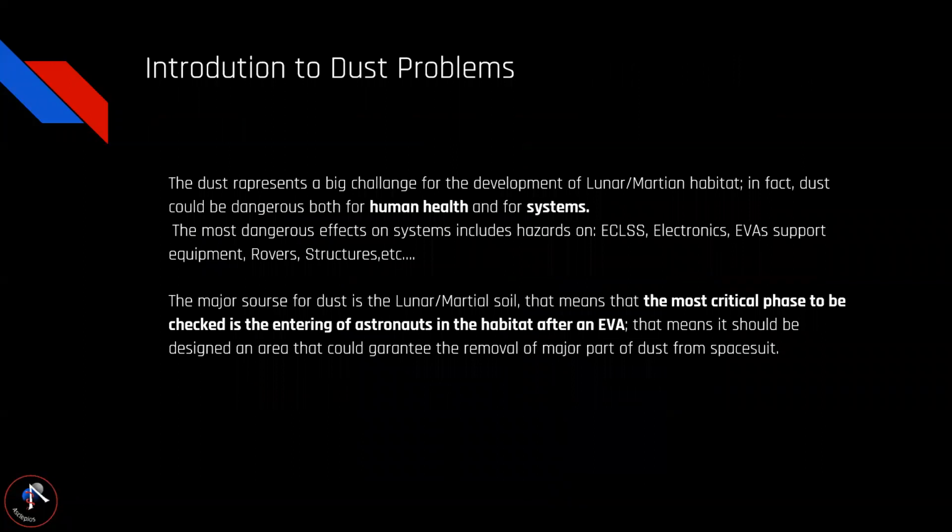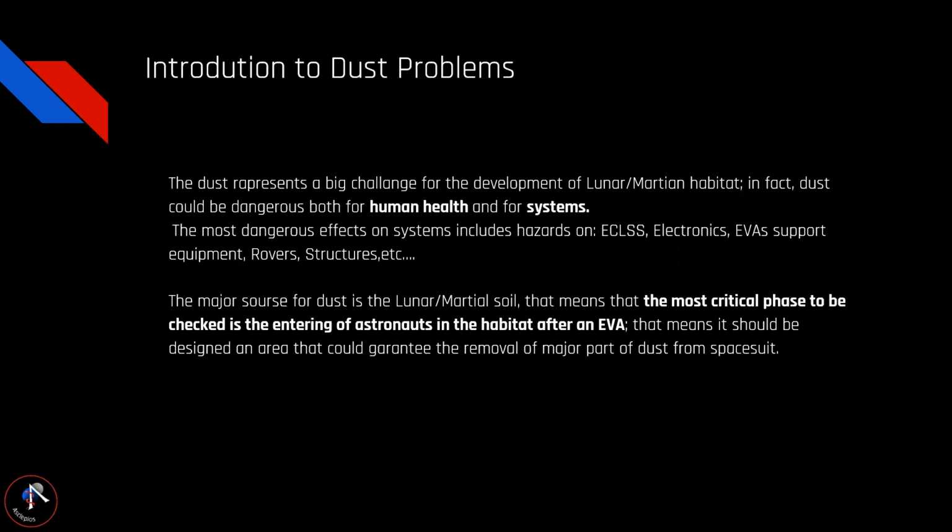Basically, we start with an introduction to the problem. The basic idea is to develop this solution to avoid both problems with human health and problems with the systems. For example, for the environmental control and life support system, we could have problems with the filters or with the environmental control.